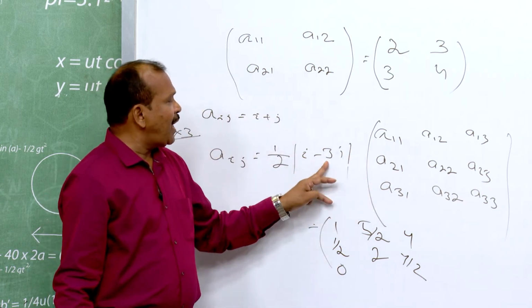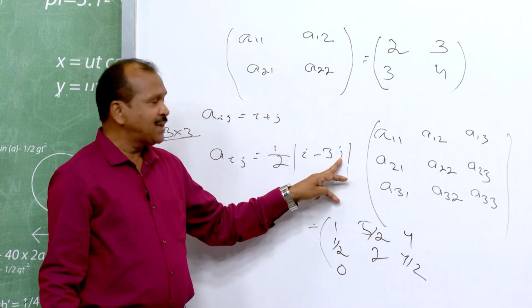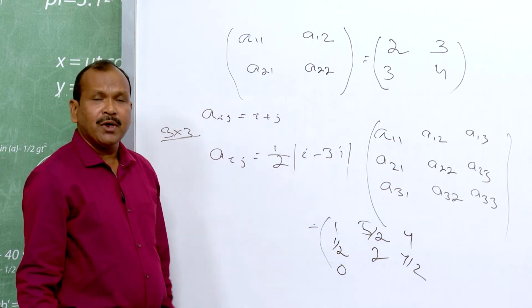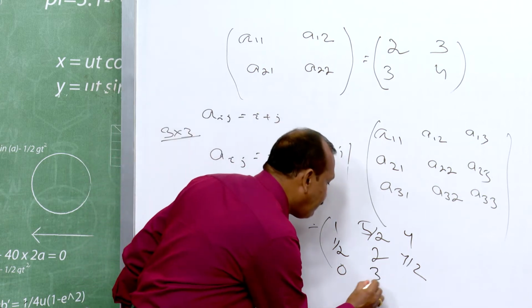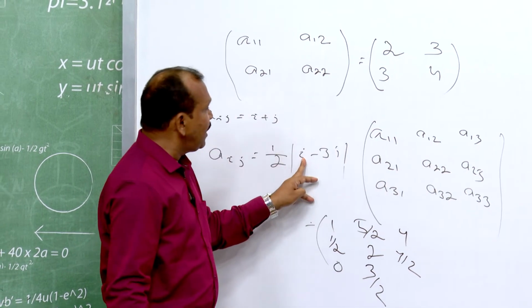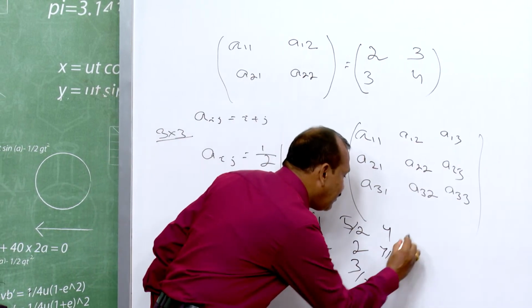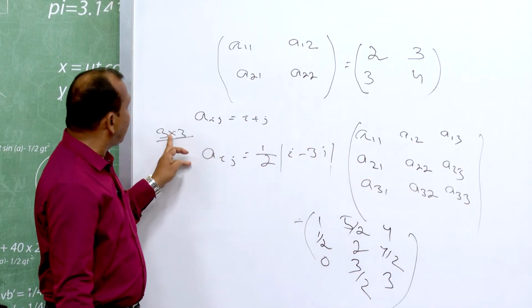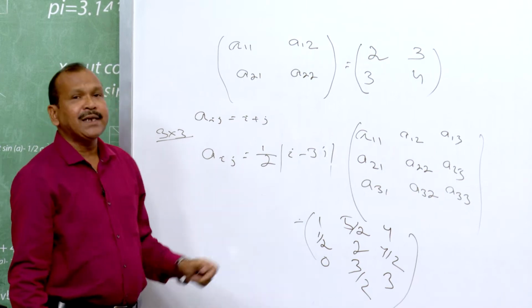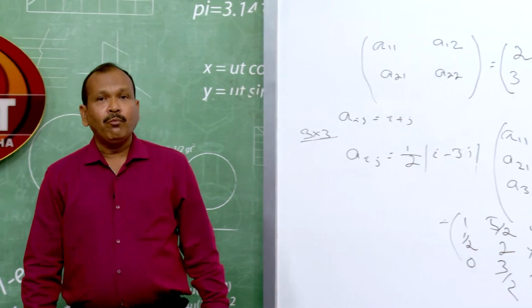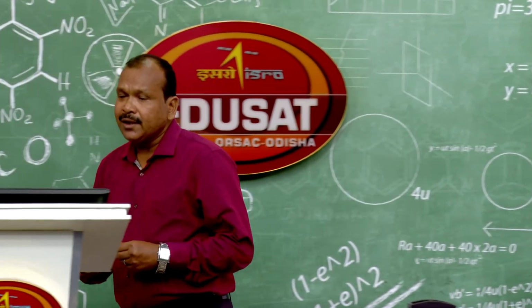Similarly, A32: 3 minus 3 into 2, which is 6. 3 minus 6 is minus 3. The mod becomes 3, so 3 by 2. Similarly, A33: 3 minus 9 is minus 6. 6 by 2 becomes 3. This is a 3 cross 3 matrix where aij is half times the modulus of i minus 3j.